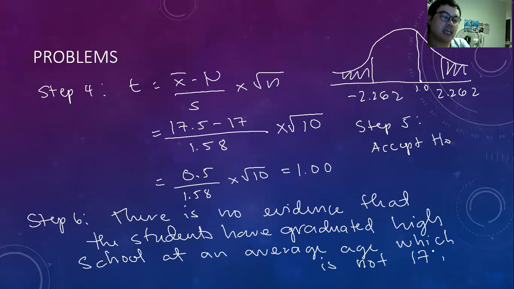So here is our claim. Since we accept the null hypothesis, there is no evidence that the students have graduated high school at an average age which is not 17. It means the students have graduated high school at an average age of 17. So we are in the null hypothesis.